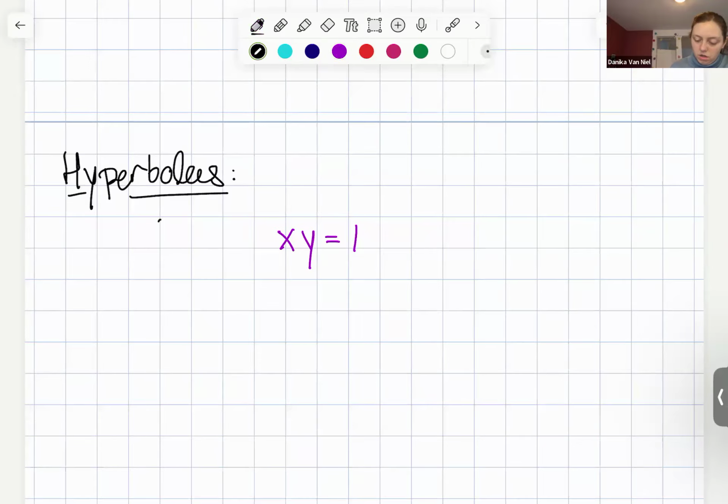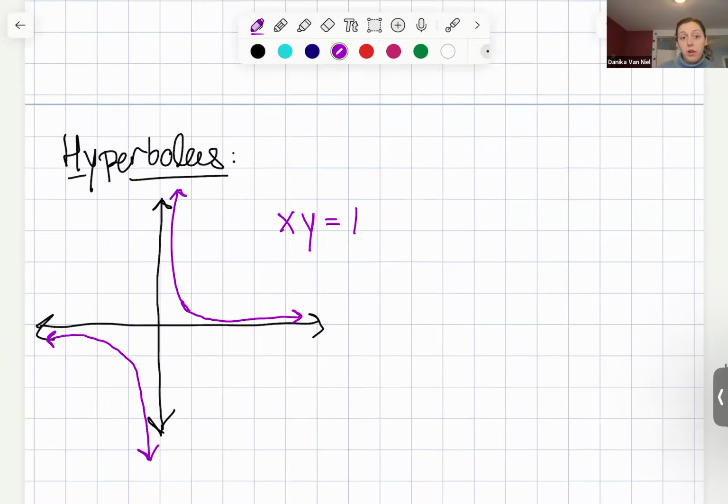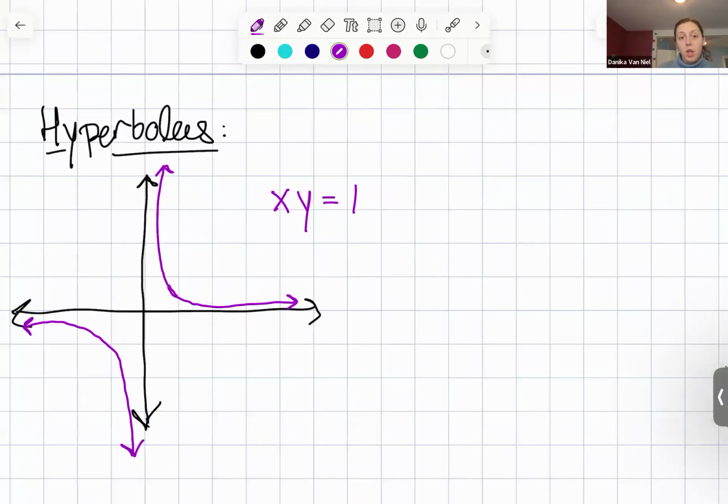So this is another nice one to memorize.